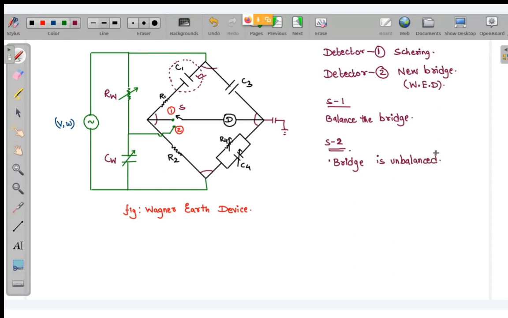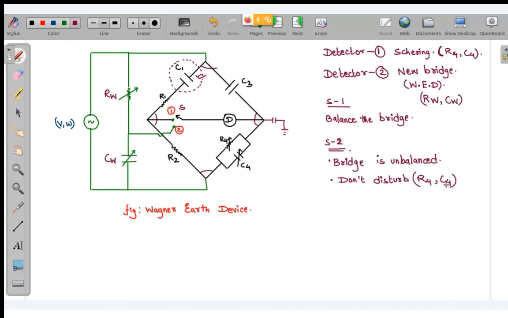Bridge is unbalanced. Now, when the bridge is unbalanced, don't disturb R4 and C4. What are R4 and C4? Basically, R4 and C4 are the variable parameters for balancing the sharing bridge. So the sharing bridge is balanced by manipulating R4 and C4, whereas the Wagner Earth device is balanced by manipulating RW and CW.